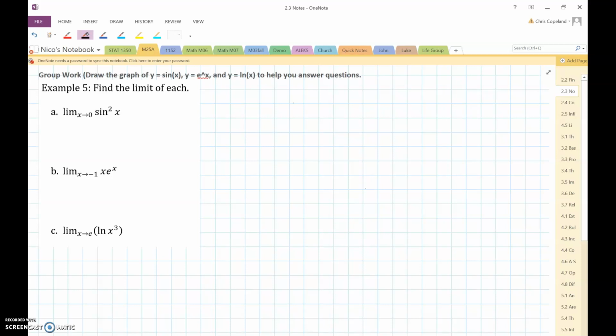So first of all, let's graph y equals sine of x. So this should be a very familiar graph to you that you should be able to graph easily. Graphing will be really important in this class.